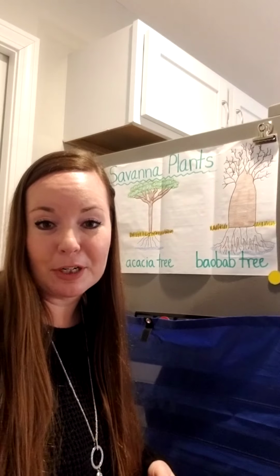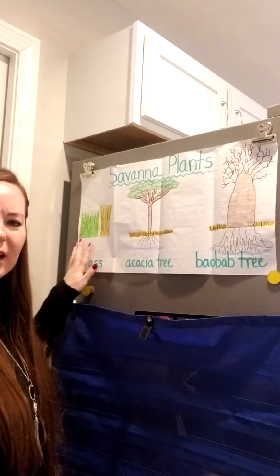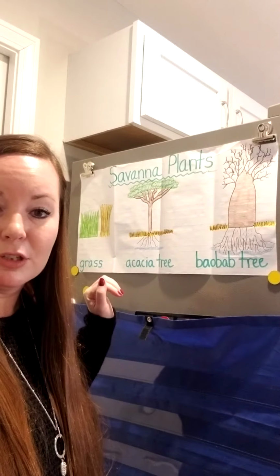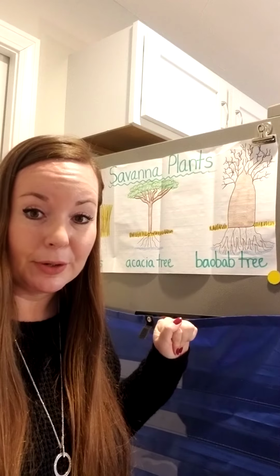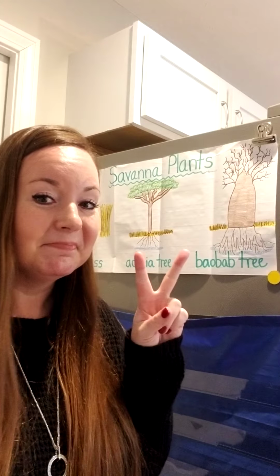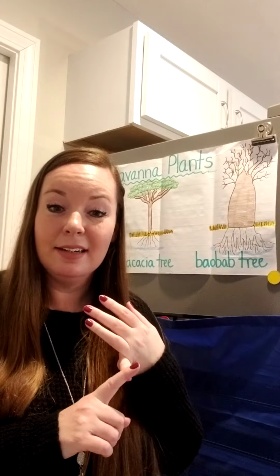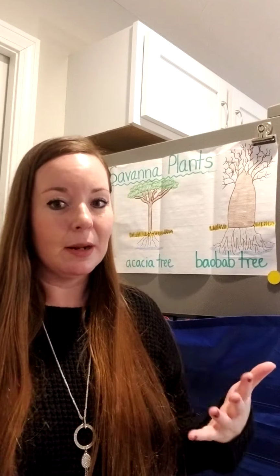So the first thing I want to show you is the grass. You can see that I put two types of grass right there. Do you want to know why I did that? Well, what about the seasons? What did we learn? How many seasons are there in a savanna? 2. There's a wet season where the rain is pouring down and everything is green and all the animals are there.